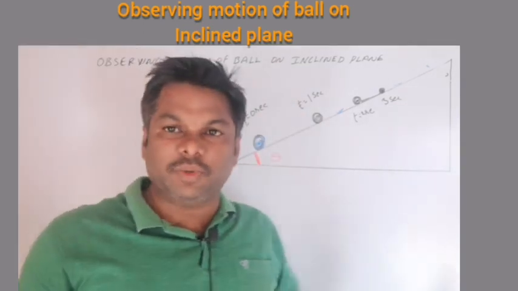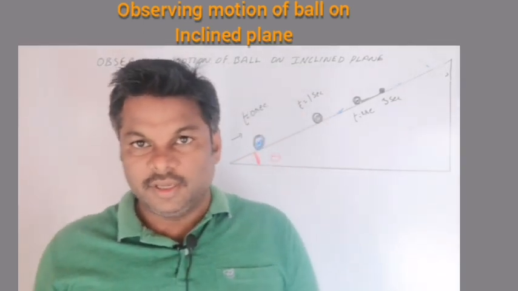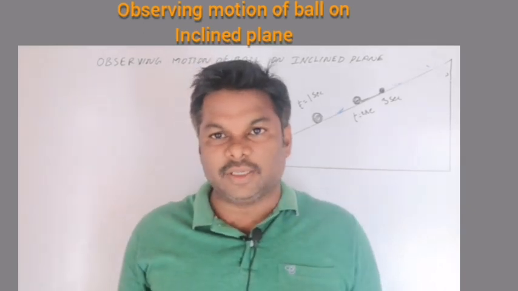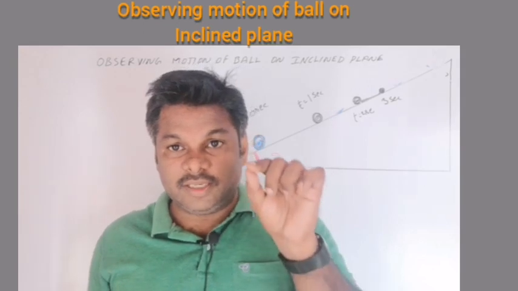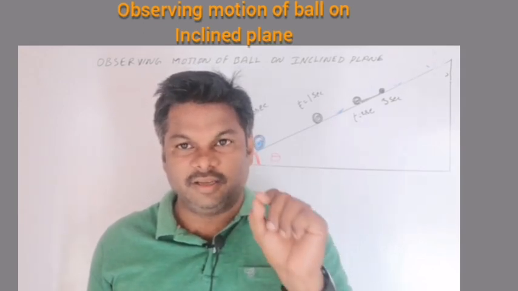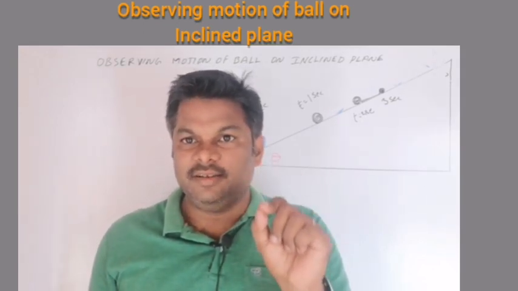So when you are doing these two activities, in the first case you are observing an increase in velocity. Here velocity is increasing, but there is no change in direction.